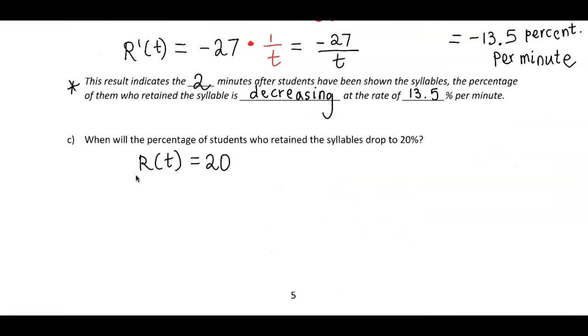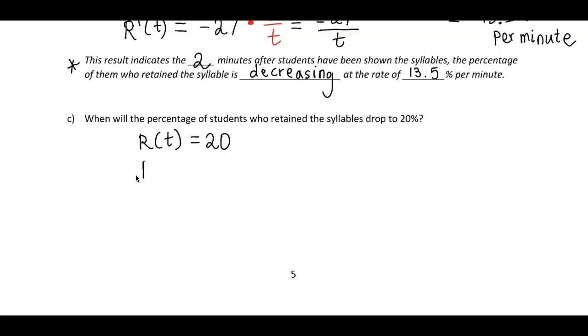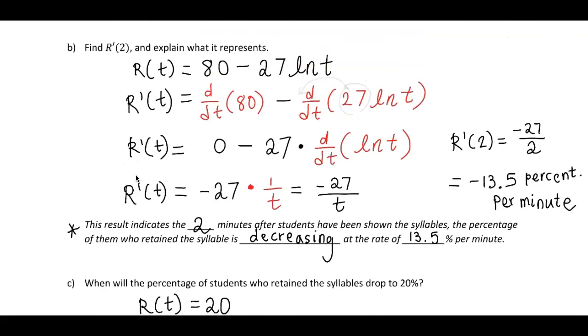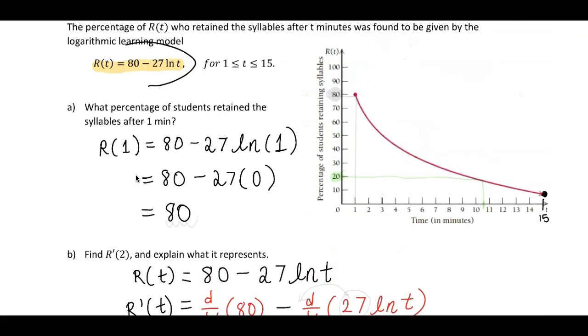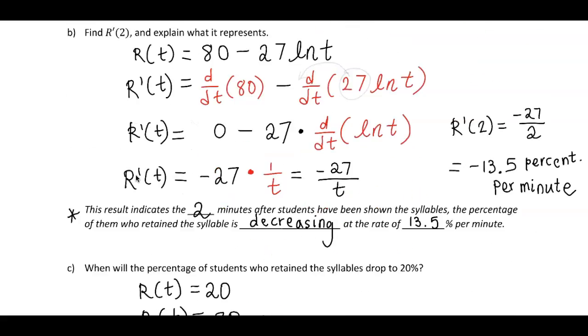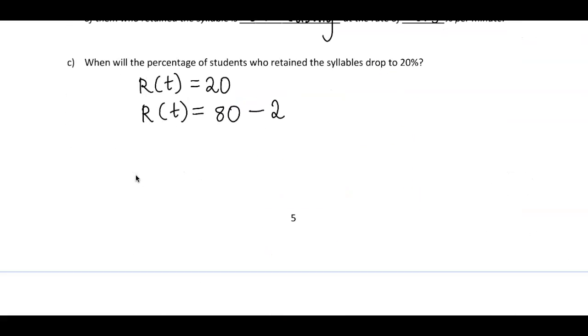So let's solve this. So what was r of t? I go back up and copy it. Wasn't it like 80 minus 27 natural log of t? 27 natural log of t. So plug in 20 into the other side.